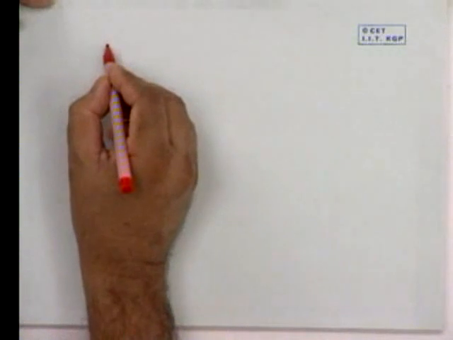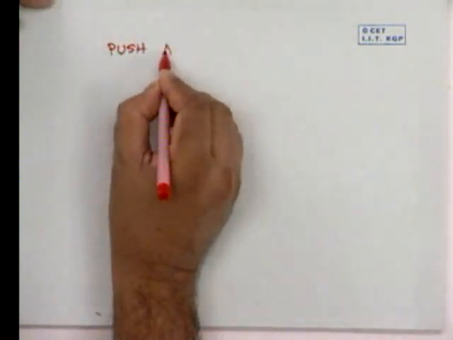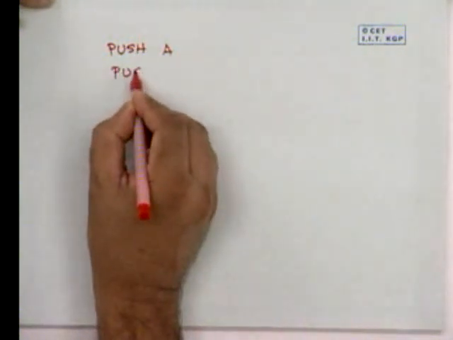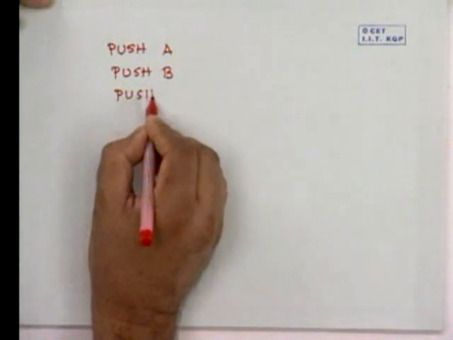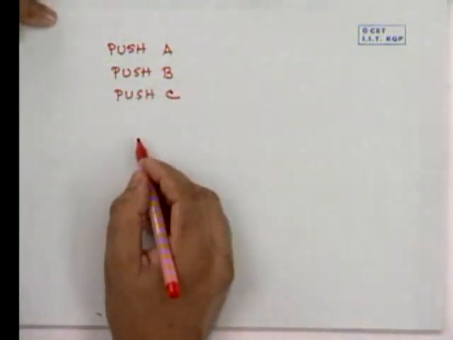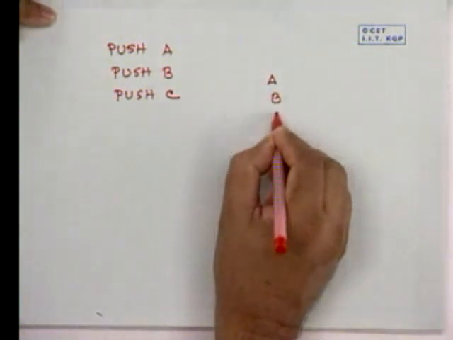Now we can see that if we put several operations like this, say push A, push B, push C, in that case A will be first pushed, then B is pushed, then C is pushed.